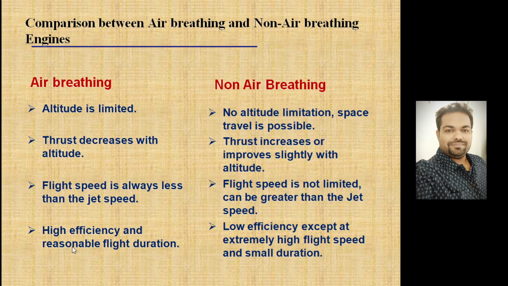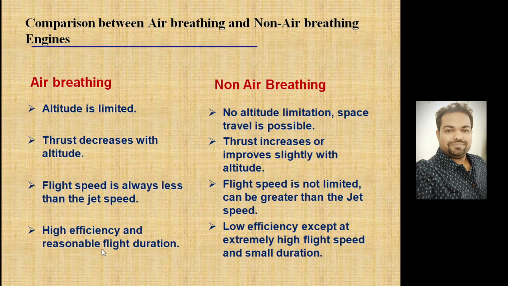The last point, high efficiency and reasonable flight duration are possible only with air breathing engines. Sustainable flight for longer range is possible, but a non-air breathing engine has slightly lower efficiency and extremely high flight speed, and they are used for short durations because the combustion operation in a rocket engine is intermittent. In air breathing engines, it is a continuous operation.